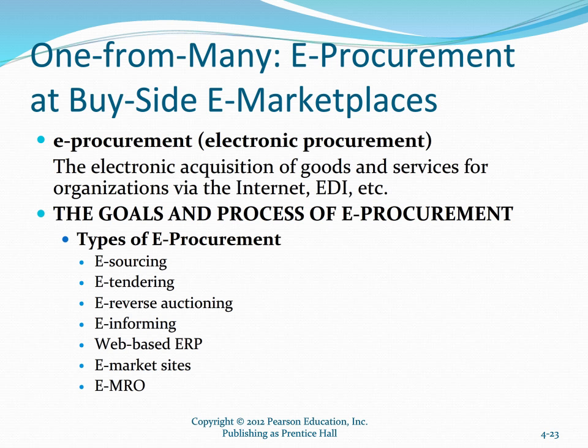E-informing is gathering and distributing purchasing information both from and to internal and external parties using internet technology. So we can use technology to automate an awful lot of these processes and to coordinate a lot of them in order to avoid some of those non-value added activities and make them much more efficient.